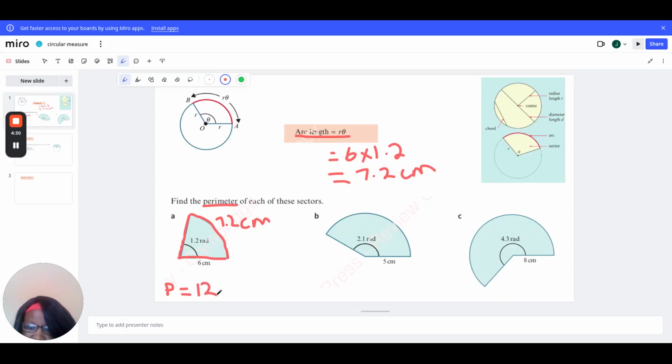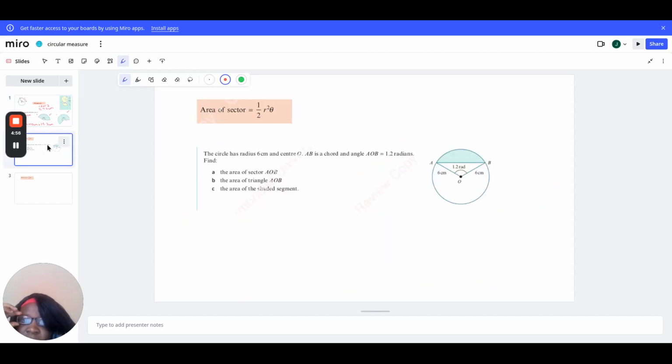So I'll write 12 centimeters for the radius sections, plus 7.2 centimeters. What do you get? Equal to 19.2 centimeters. So I'll leave you to do B and C. Okay, let's move on to the next section.